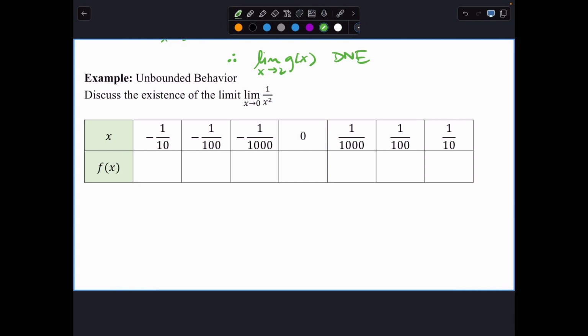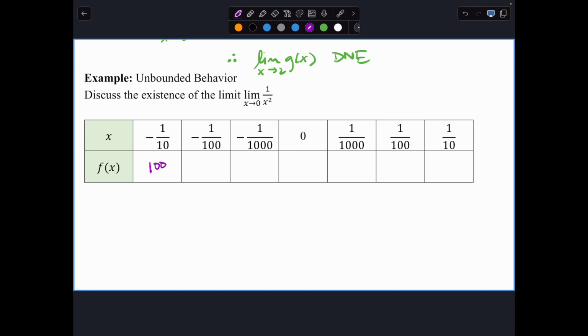Limit as x approaches 0 of 1 over x squared. Now thinking about this function, you can type in the 1 over x squared into your calculator if you want. But you could also think about what would happen if you're plugging these values in your head. For 1 over x squared, if you plug in -1/10 for x, and you square it, it's a small number, but then because it's 1 over that really small number, it actually ends up being a bigger number, right?